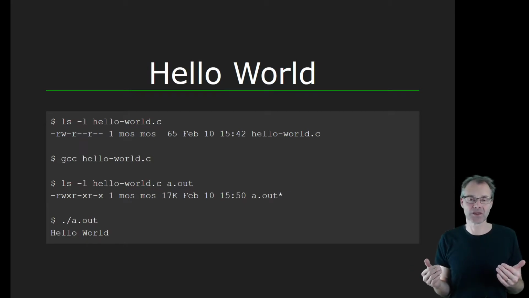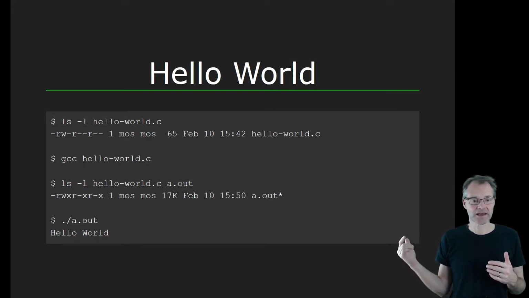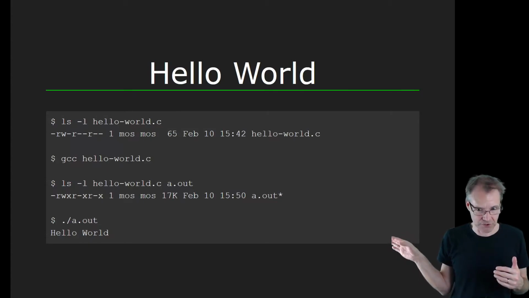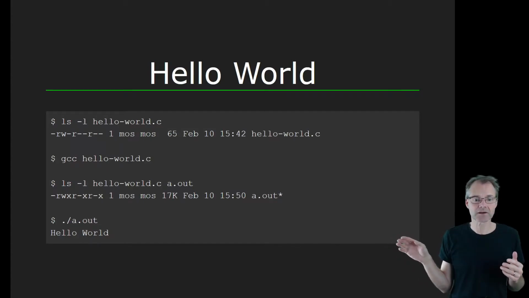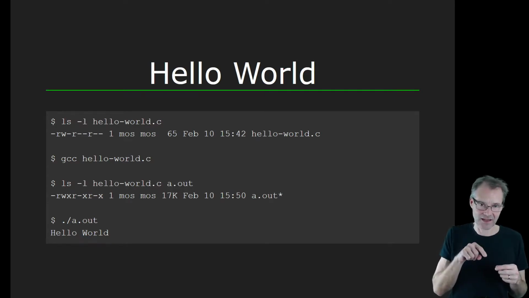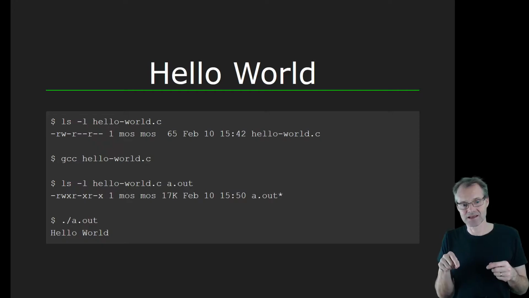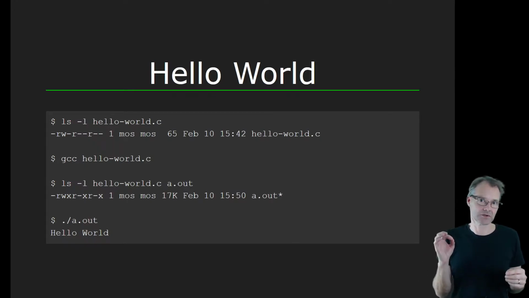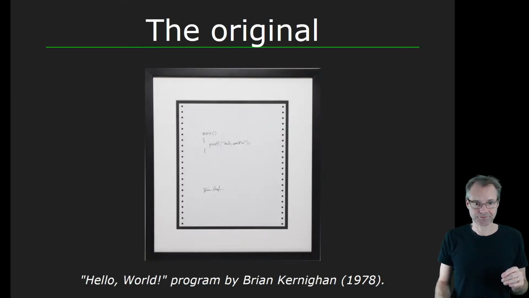That is the default naming of the executable. So now I have an a.out file, and I can execute that like I do in the bottom there, where ./, that is just the current directory, execute the file a.out, and there we go, hello world. Well, hello world. Good start.